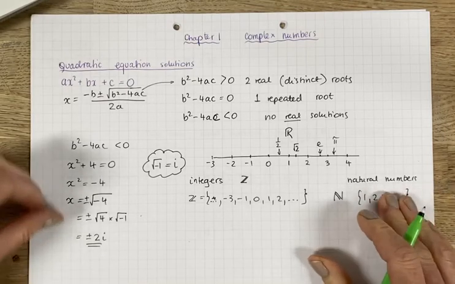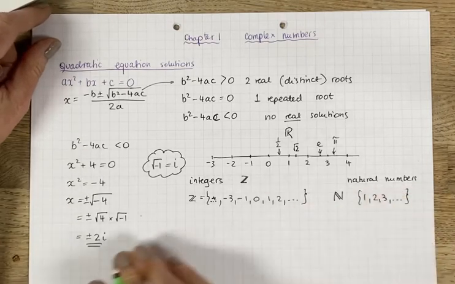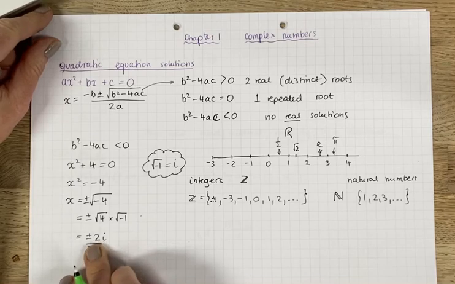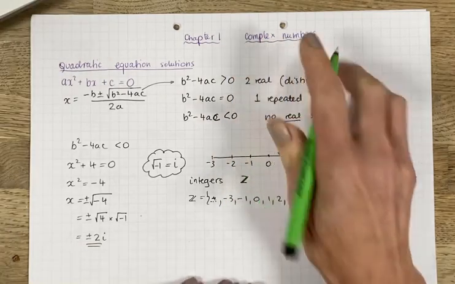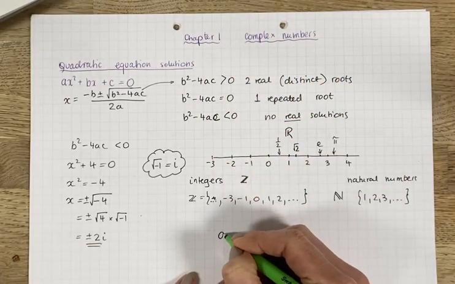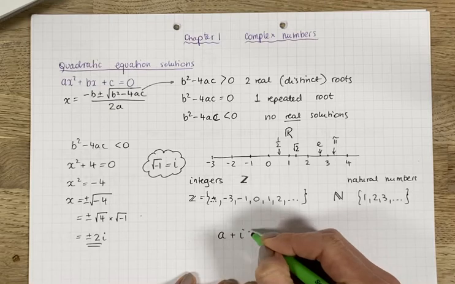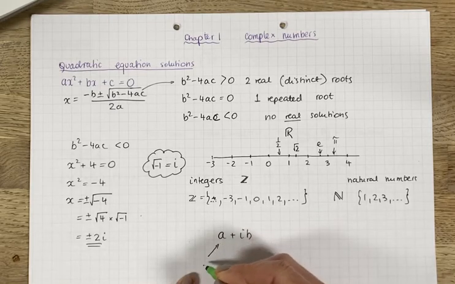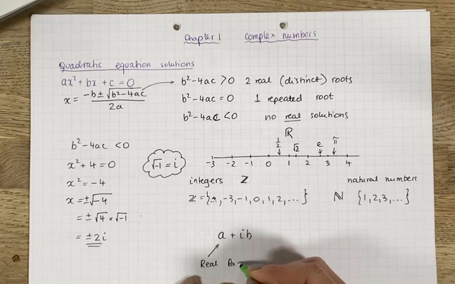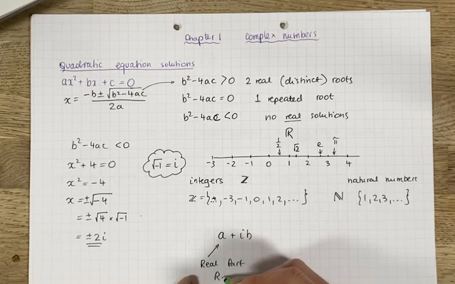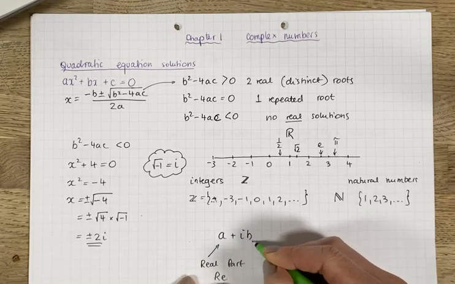Okay, so in fact, this part here only accounts for one part of a complex number. A complex number can be written in the following form. It will have the real part, which we'll call Re, and imaginary part.